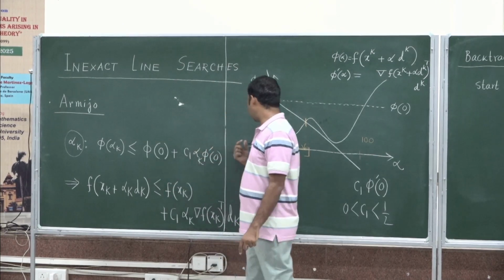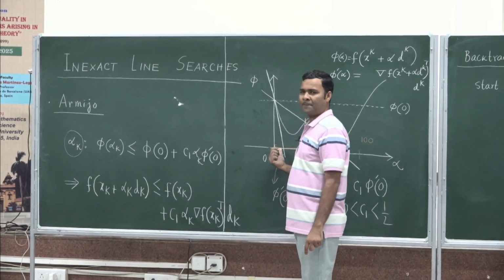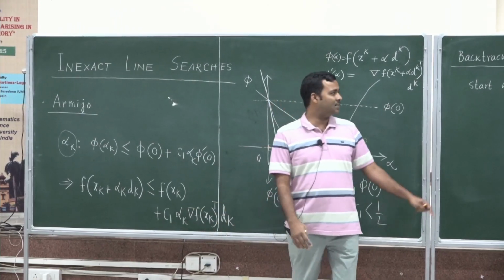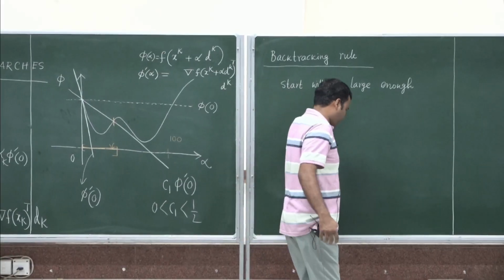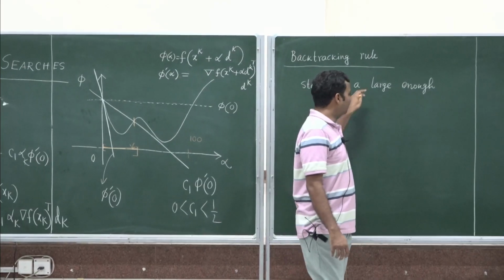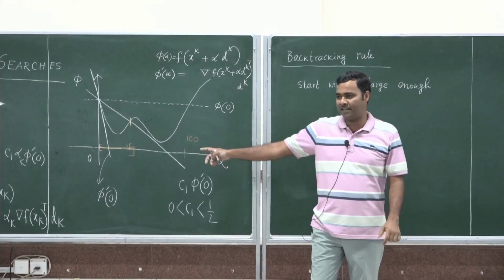Like here, if alpha k is chosen very small, then it will automatically satisfy this one, and therefore it suggests that you take alpha k large enough, in such a manner that the initial choice is not satisfying that inequality.